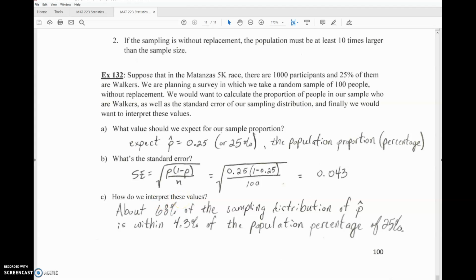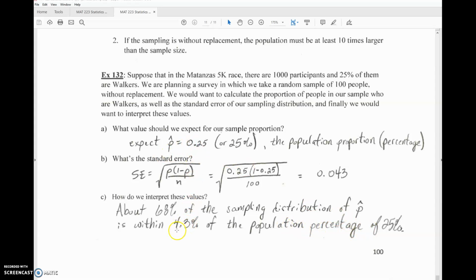Now, how do we interpret these values? So what that means is about 68%, because we know our distribution is unimodal and symmetric, so we can use the empirical rule. About 68% of the sampling distribution of p hat is going to be within 4.3% as a percentage, one standard deviation to the right or left of the population percentage of 25%.